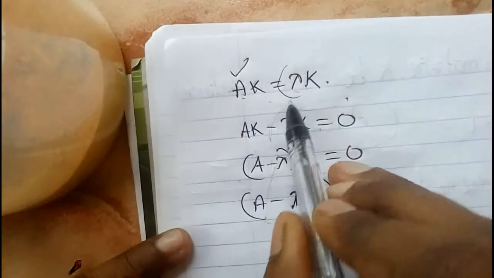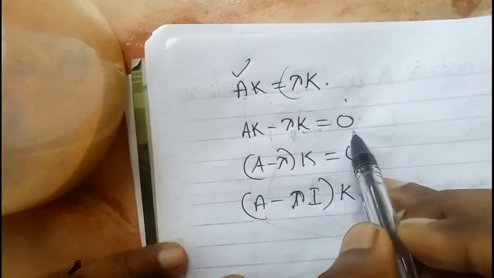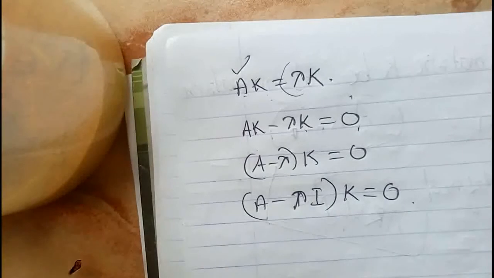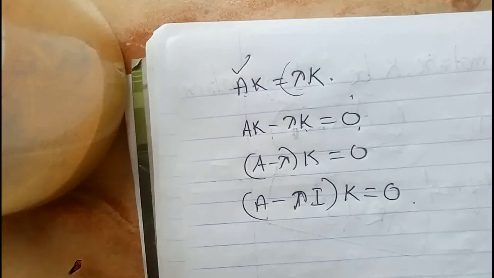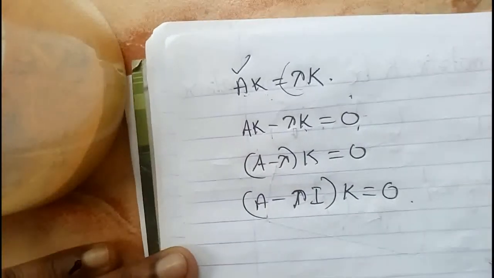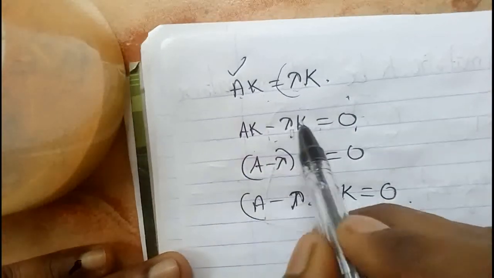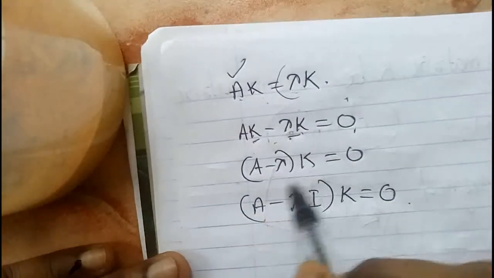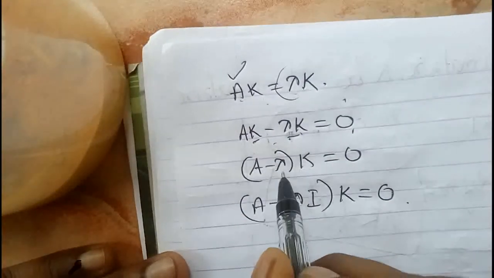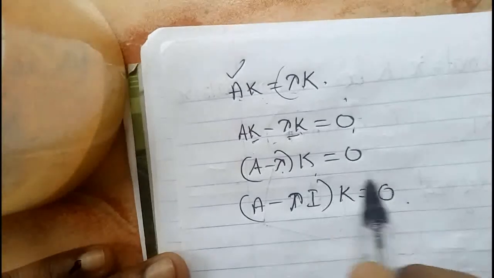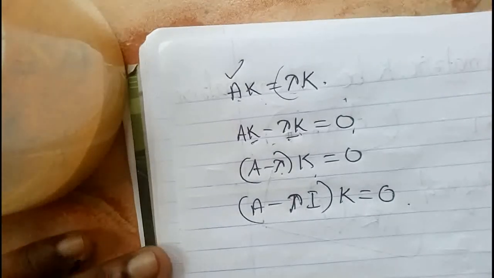So I would like to write AK minus lambda K equals 0, since we can subtract matrices. Here K is common, so A minus lambda into K equals 0.